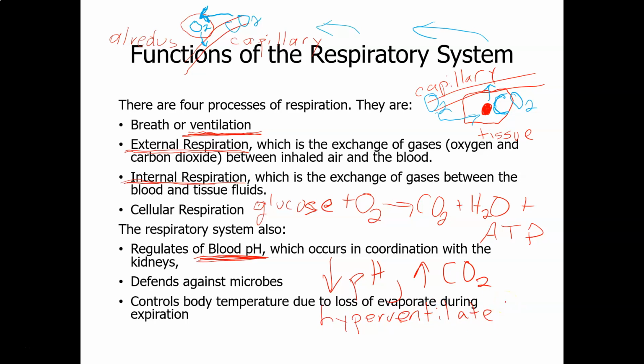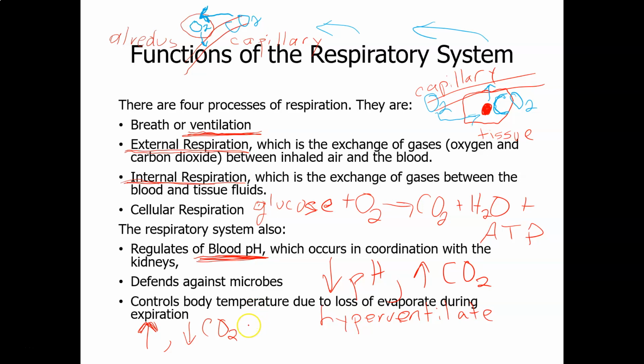And the opposite, when our blood pH is too high, that means we have too low of an amount of carbon dioxide. That one's a little more strange to think about. How could that happen? But it can happen in certain conditions, vomiting and that kind of thing.